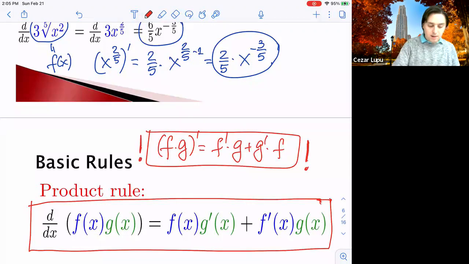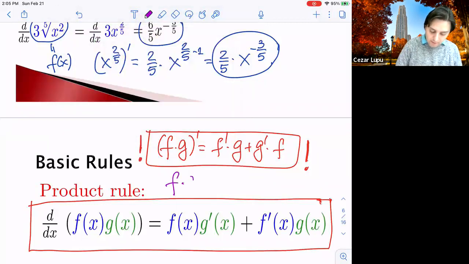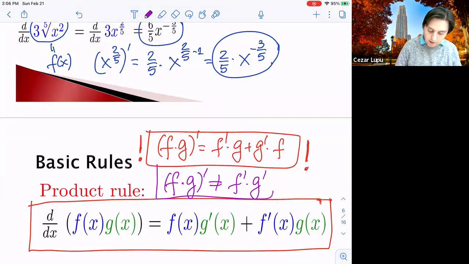So once again, there's a danger: (f times g)' is not f' times g'. Please do not make this mistake. This is very important. Don't do it.